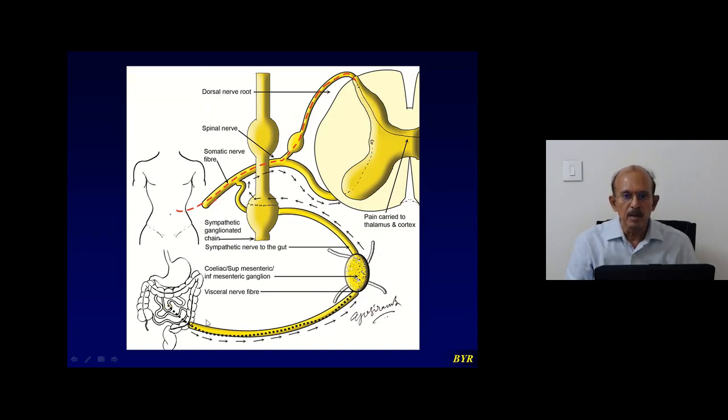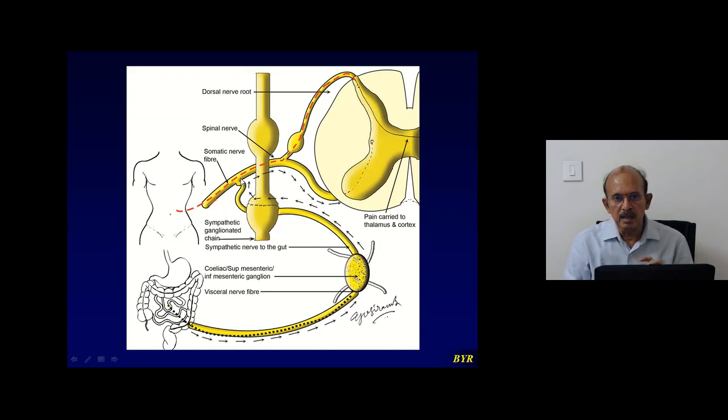So for example, this is the 10th spinal segment. The 10th spinal segment supplies the superior mesenteric ganglia. Superior mesenteric ganglia supplies the small bowel. That means small bowel pain is carried to the 10th thoracic paravertebral ganglia. From there, they go in the 10th thoracic nerve to the spinal cord.